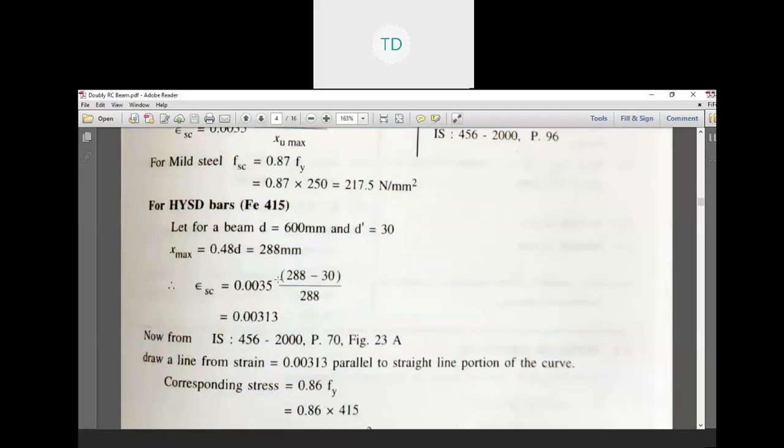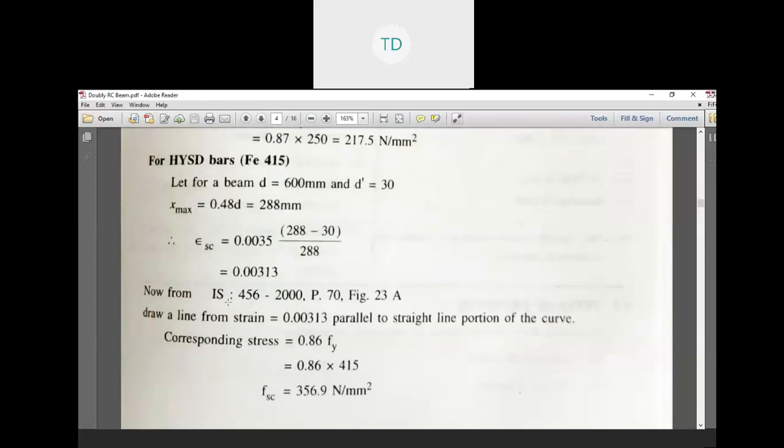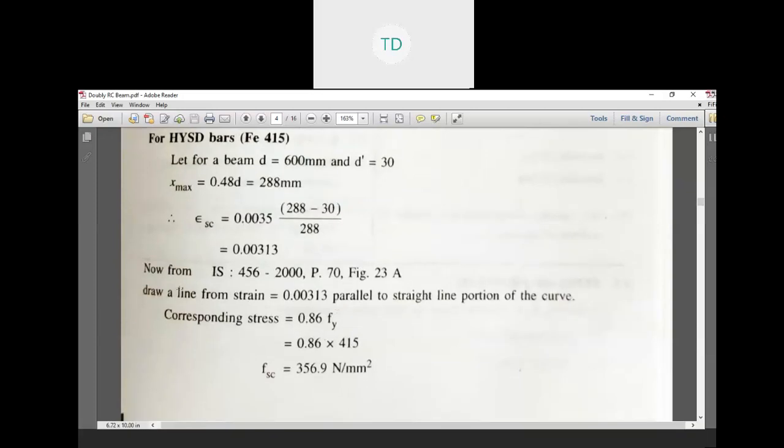Now put this value into the above equation, we get 0.0313. Now from IS 456:2000, page number 17, figure 24 3a, draw a line from strain 0.0313 parallel to the straight line portion of the curve, corresponding to 0.87 Fy.